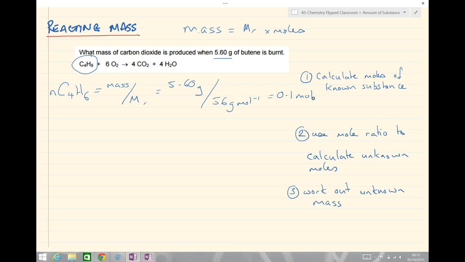So our moles here then of carbon dioxide, we're going to use the mole ratio.